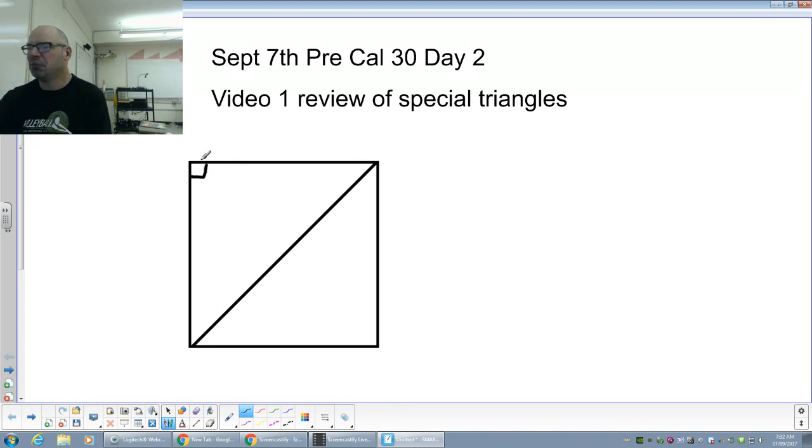And if we assume that each of these legs is 1 and 1, because they're square, well, if we do Pythagorean theorem, leg squared plus the other leg squared equals the hypotenuse squared. So 1 squared plus 1 squared. So 1 plus 1 equals r squared, or if you want to call it y squared, or z squared, or c squared, whatever you called it for Pythagorean theorem. It equals this side squared. So that's 2 equals that squared. So if we take the root of 2, it's just root 2.